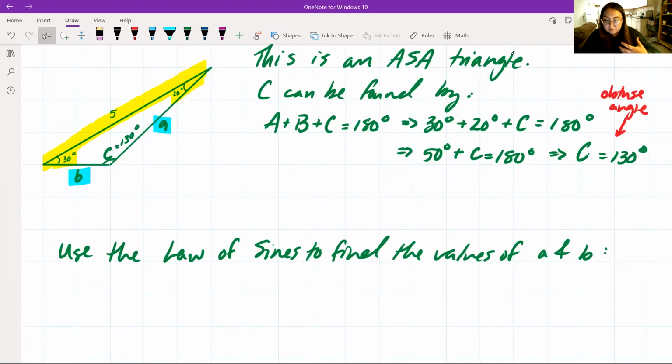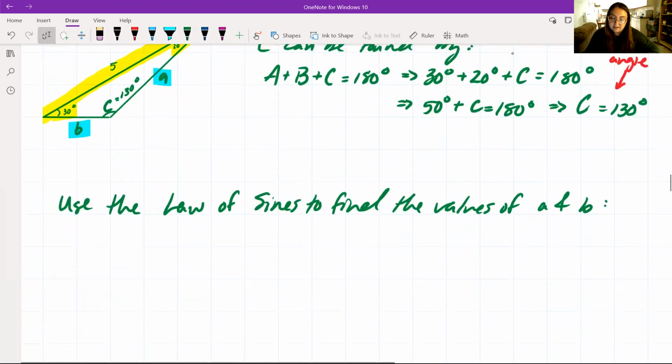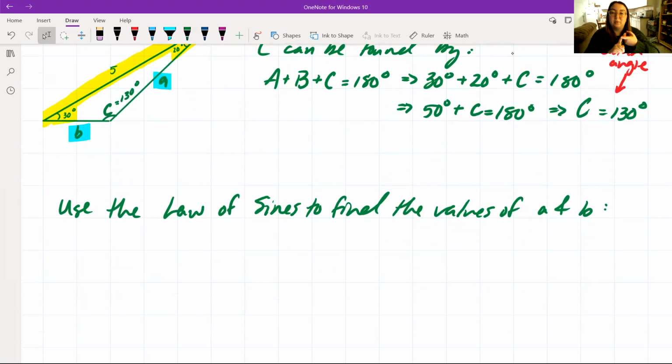So using our law of sines, we know the angle measurement, capital C, and we know the side length, lowercase c. So we're going to use these values and equate them to sine of capital A divided by lowercase a and sine of capital B divided by lowercase b to find the side lengths a and b.